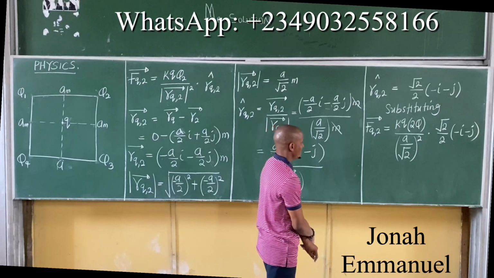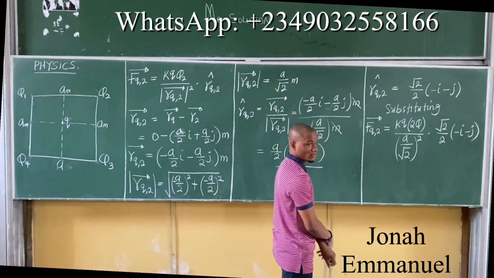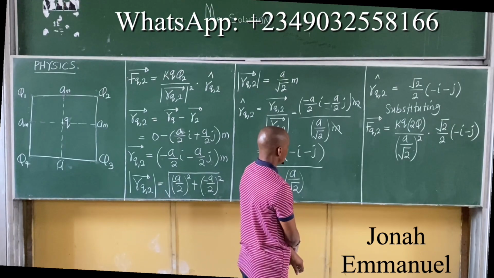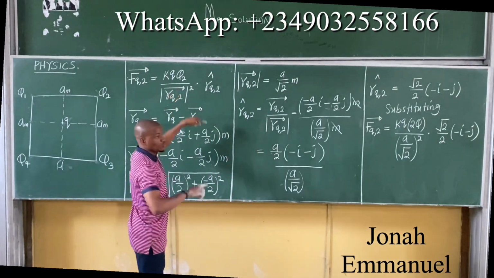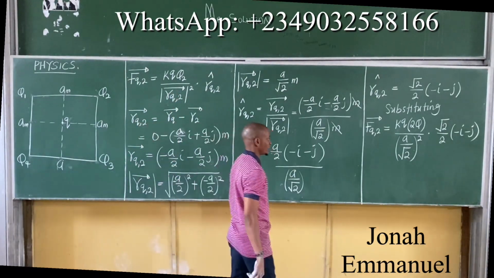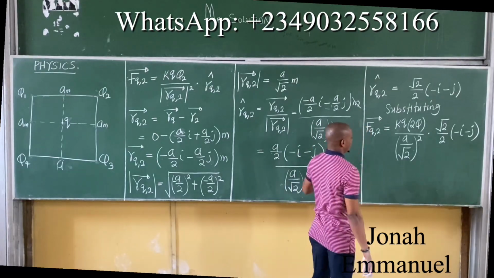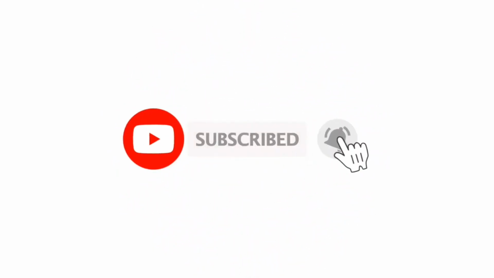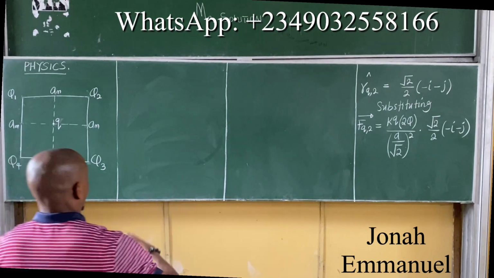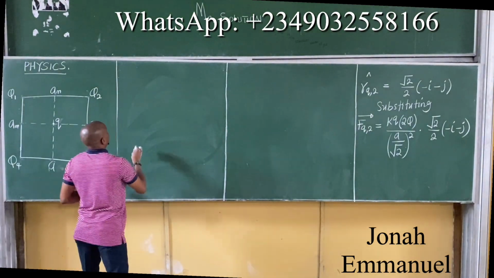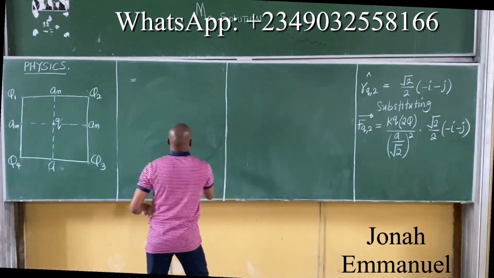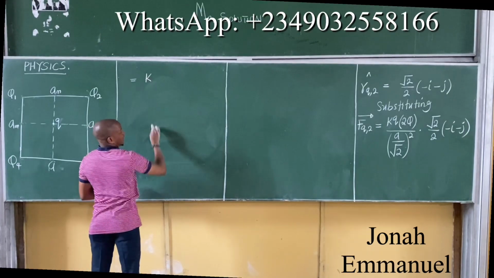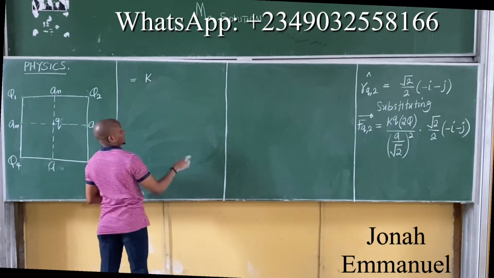Alright, so what can we cast out here? It's capital Q. So this Q is equal to 2 capital Q. Capital Q. I have this. Alright, work this out. What do you get here? So from here, I have that FQ2 is equal to, now check this out, I have K, okay, let's bring 2 first.